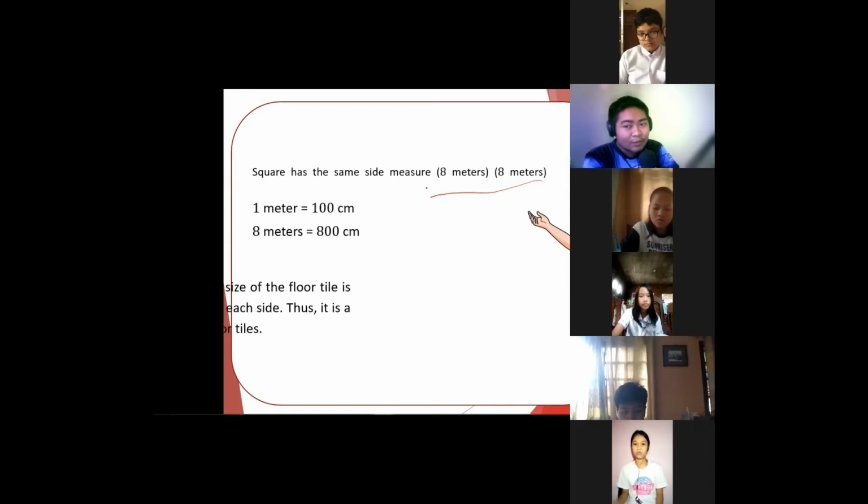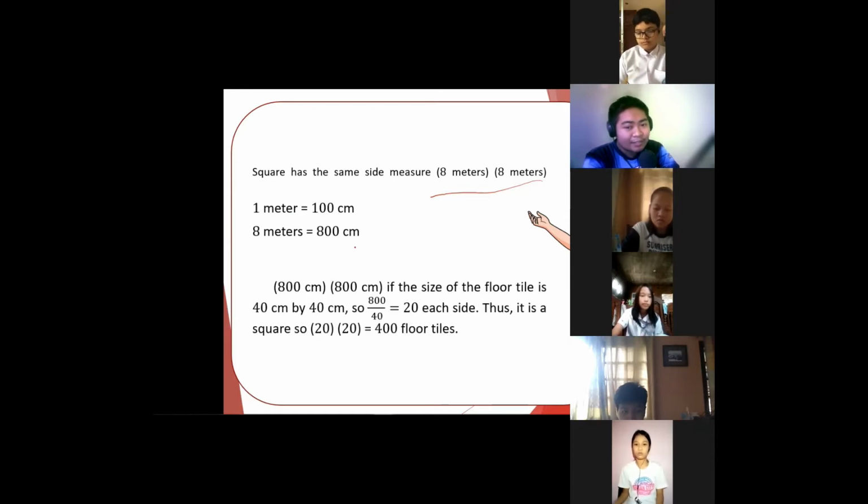So let's convert it first into centimeters, because the question earlier was how many tiles Mr. Cruz is going to use if the length of each tile is 40 centimeters by 40 centimeters.